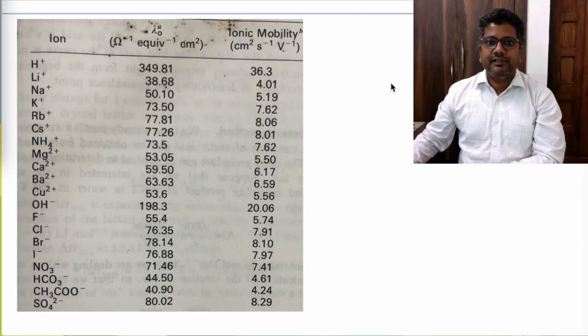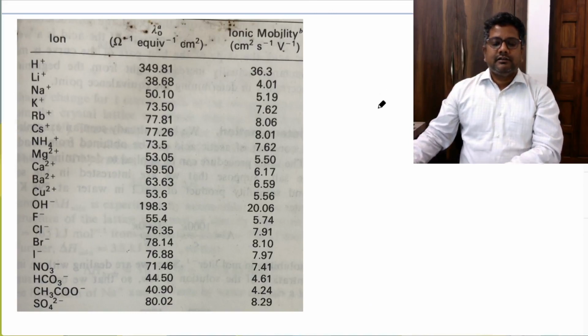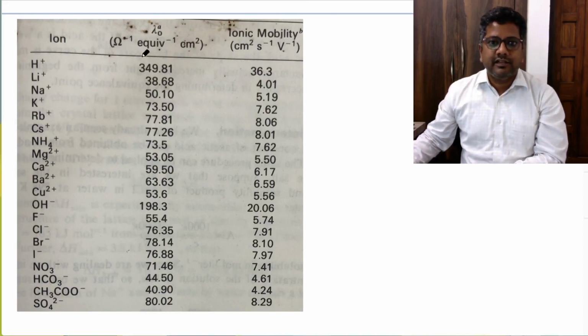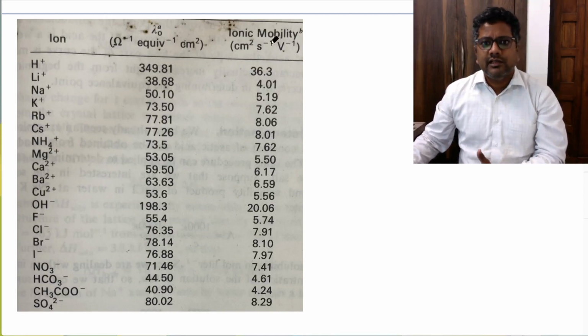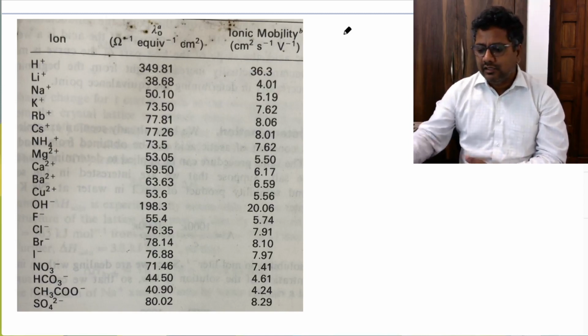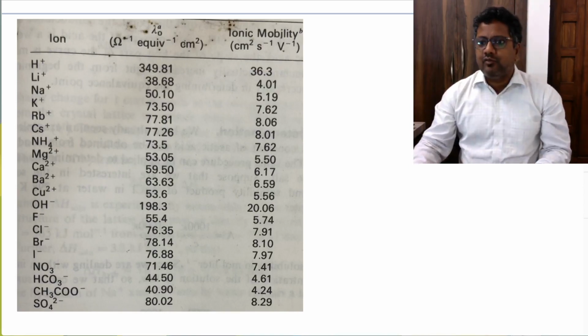Now, see, I have shown here some data for the equivalent conductance and ionic mobility. Both data are there. If the equivalent conductance for any given ion at infinite dilution is more, then ionic mobility is also more. A very remarkable point.